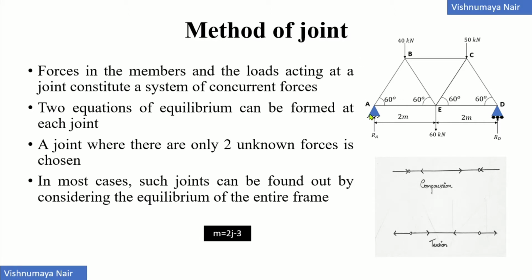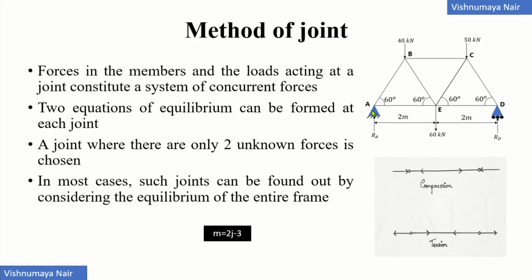Here you can see that at any joint, the forces in the members and the loads acting at that particular joint constitute a system of concurrent forces, right? So at each joint, we can form two equations of equilibrium. Therefore, for analyzing a given plane truss using the method of joint, we'll have to first find a joint where there are only two unknowns, because we can form only two equations of equilibrium at each joint.